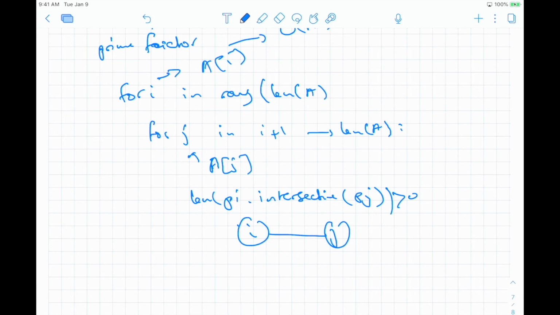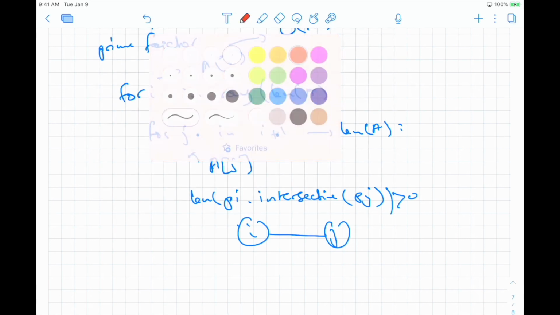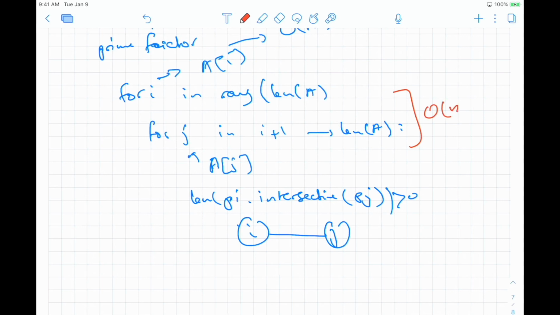Okay, so now, knowing that, this is still O of n squared though, how do we reduce that O of n squared? That's the key thing we are looking for here.